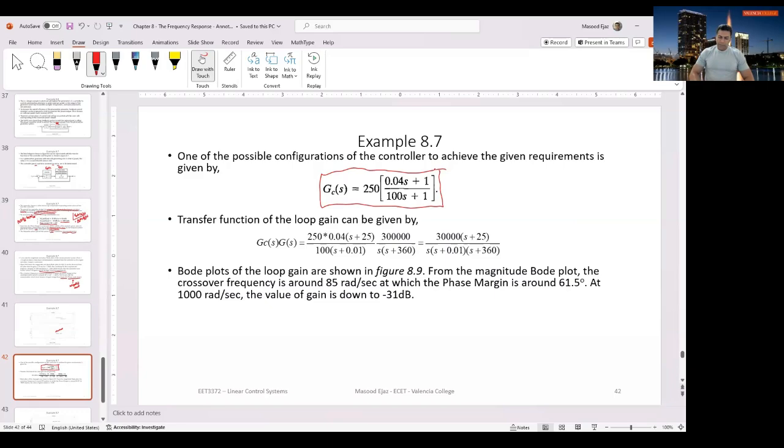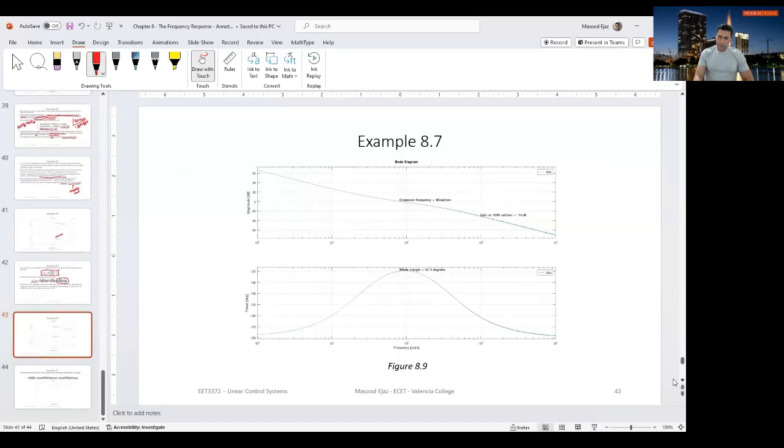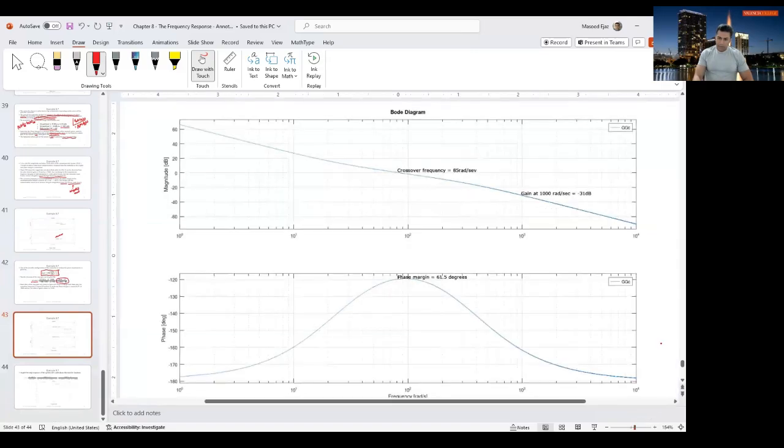So once we have that, you write down the loop transfer function gain, which will come out to be this, 3000 s or 25 s plus 0.1 s plus 360. And when you do the Bode plot, phase and magnitude of this quantity, it's not very hard to do that. I just use the Bode function. And it looks like this.